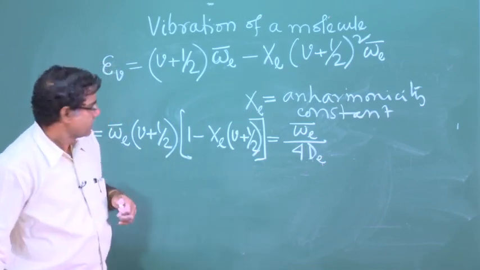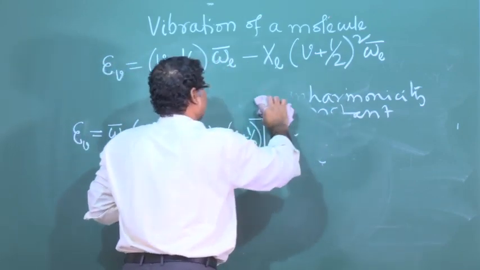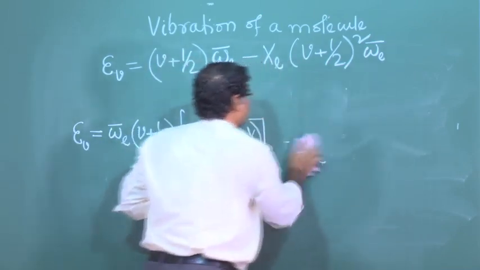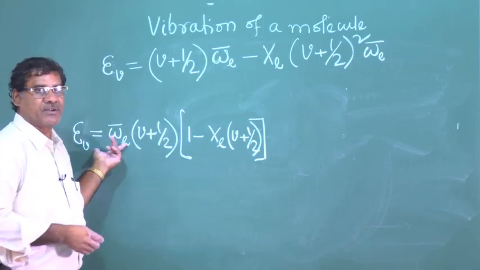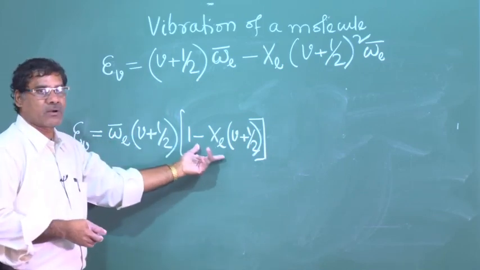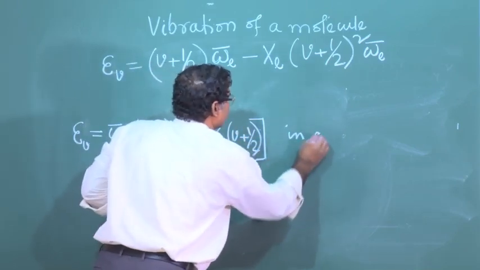This will be the energy for the anharmonic oscillator in wave number, in centimeter inverse, of course.